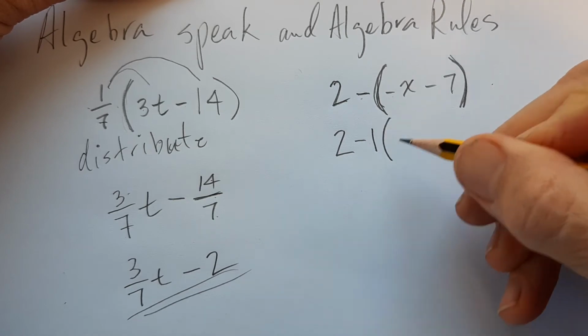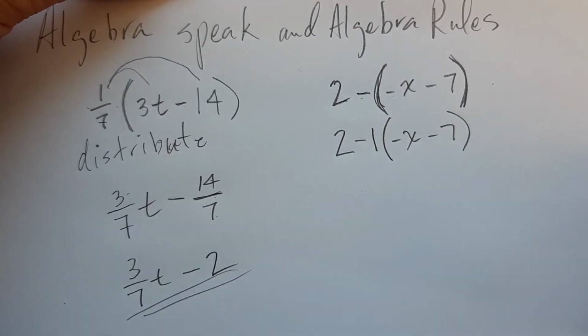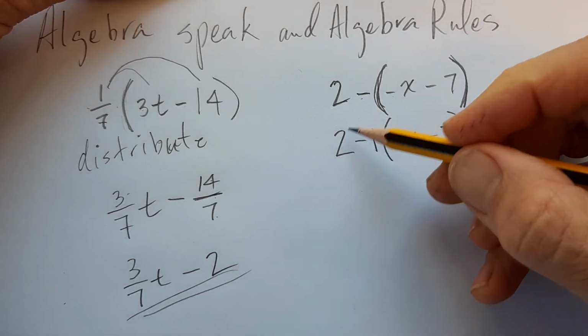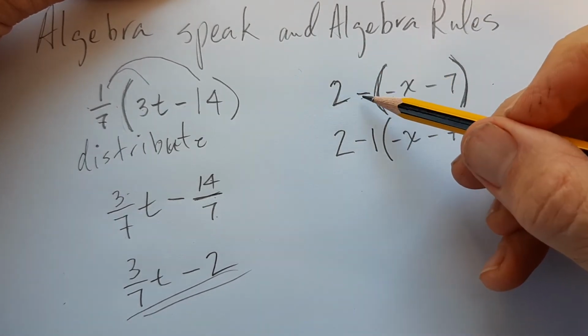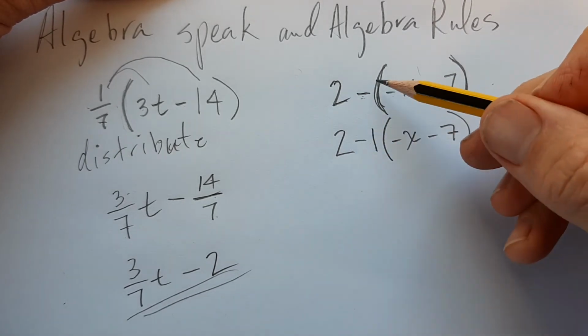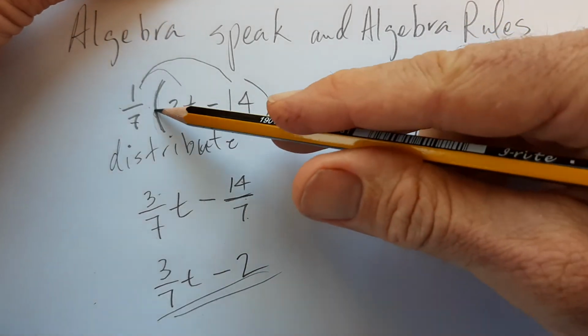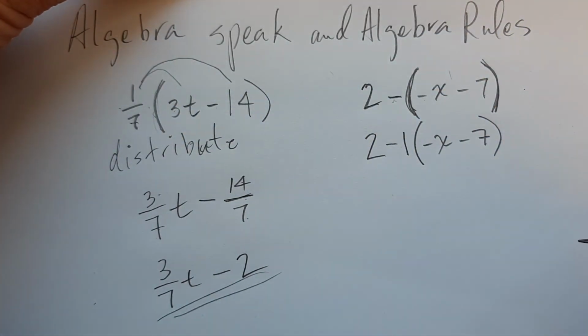Minus 1 times negative x minus 7. Okay, we're not multiplying, we're not distributing the 2 over this minus sign. This 2 can't jump over this minus sign. This is 2 minus all this, not 2 times, right? See the difference between these two? Okay, that's why we're doing these two.